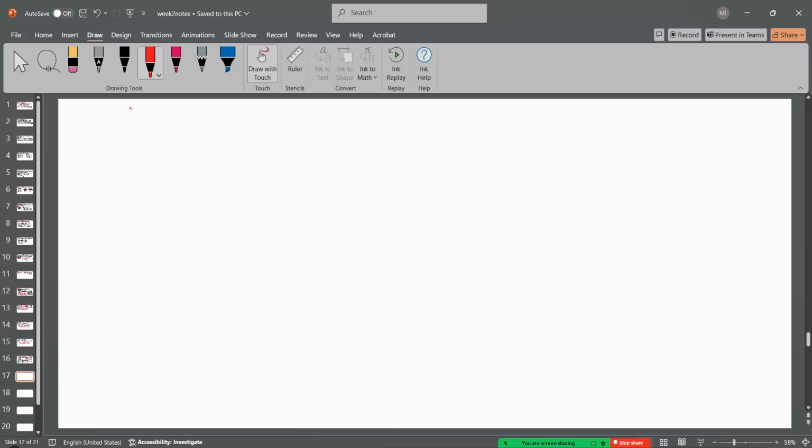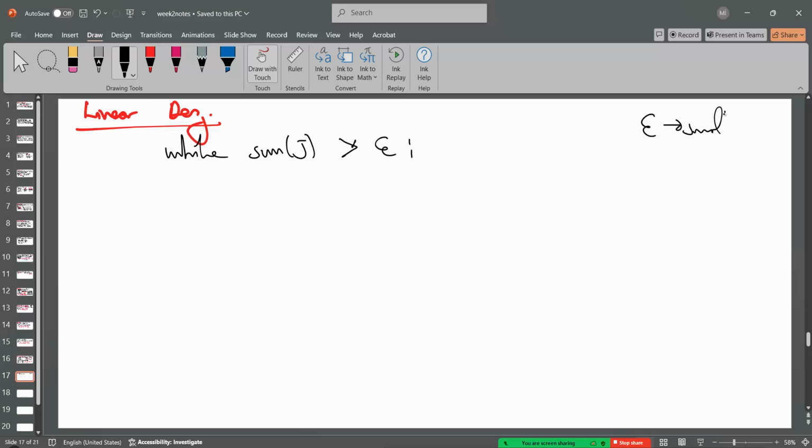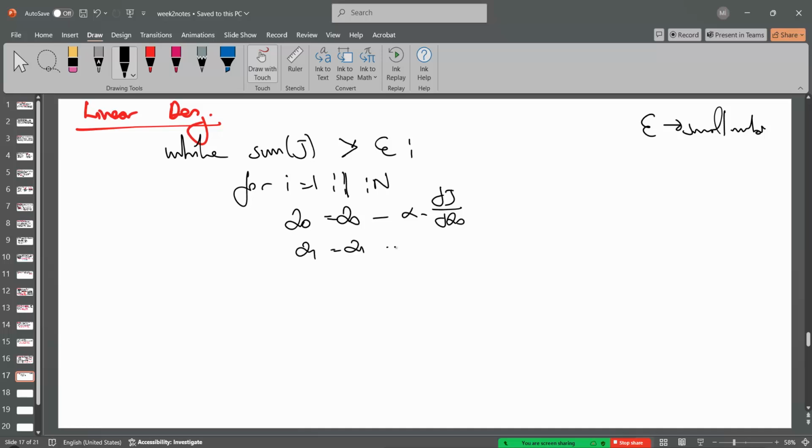Okay? And so in the algorithm, this is the last one. The algorithm for linear regression can be given as: while some J value is greater than epsilon, where epsilon is a small number, for i from 1 up to n, theta 0 is theta 0 minus alpha times dJ over d theta 0, theta 1 is theta 1 minus alpha times dJ over d theta 1.